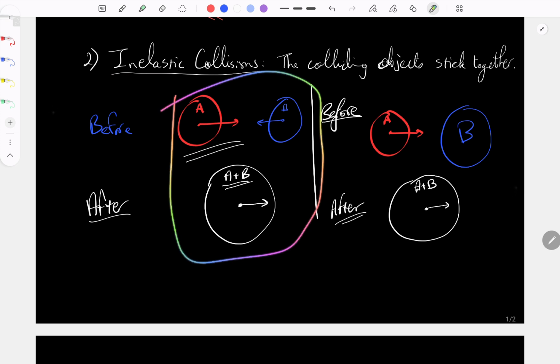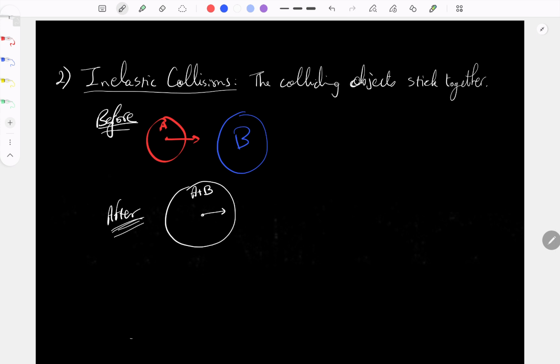What will the formula be then? The formula will become a little bit more interesting. So instead of thinking that object B is static, we're going to consider that object B is also moving towards object A.